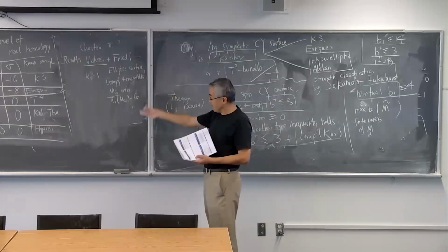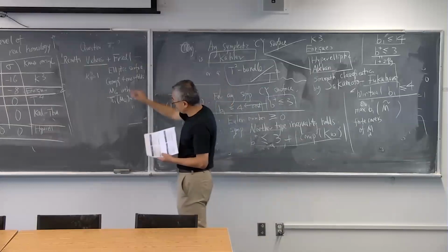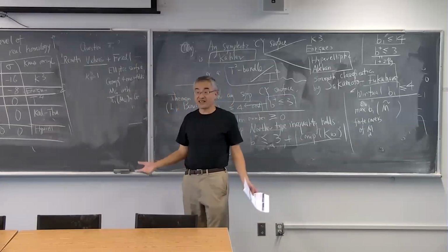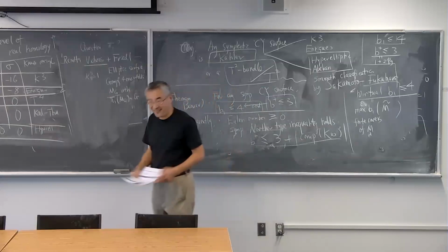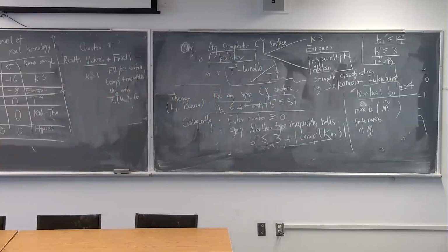So all these Gompf manifolds have Kodaira dimension equal to 1. So we cannot classify them already. Unlike in the complex category, where at least you know they're all elliptic fibered, right?